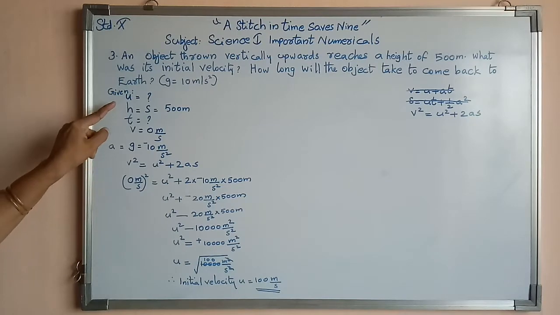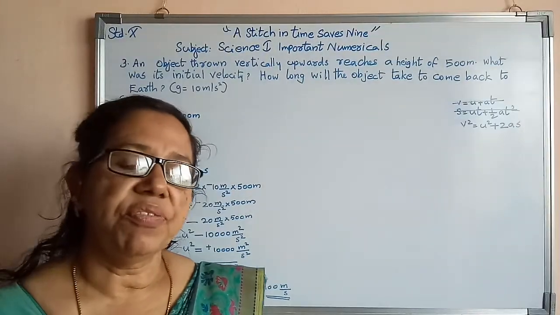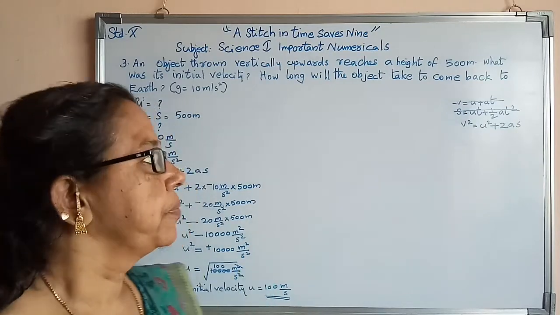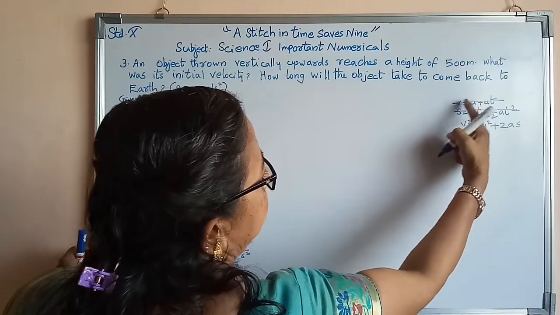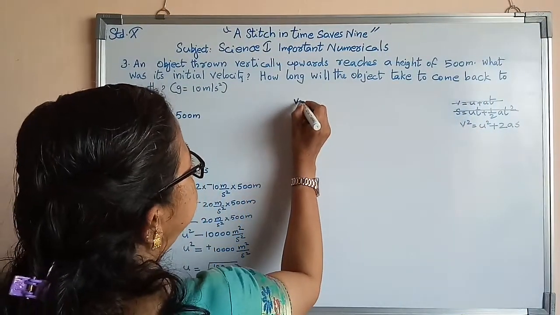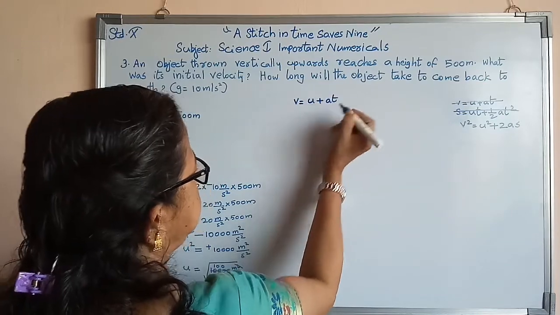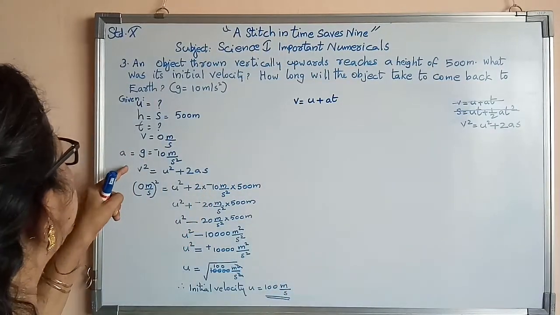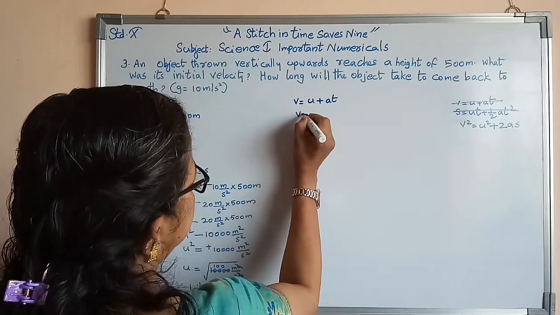Now we have found U. Now we will find the value of T. So for finding T, we can use this formula: V is equal to U plus AT. The value of V given here is 0 meter per second.